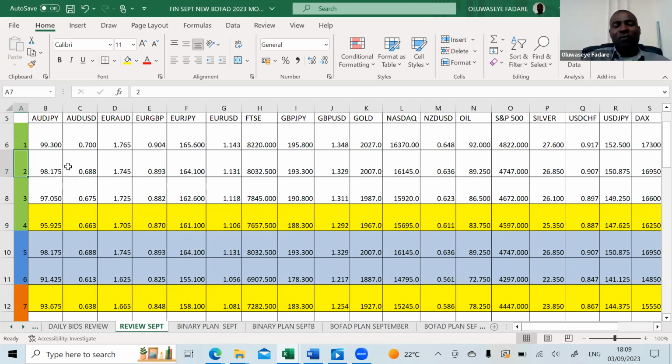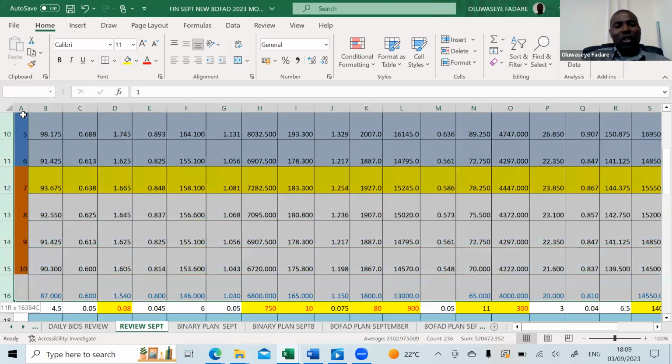However, if the market goes further, then we have more opportunities, but we should always have a plan B, so that no matter how small it is, we should be able to get the best profits in the course of the month, okay? So that is the same thing.